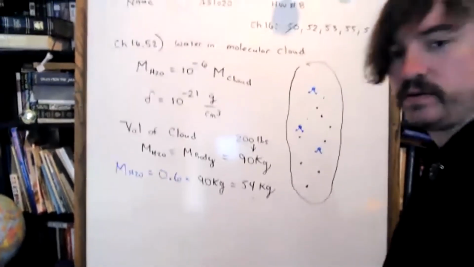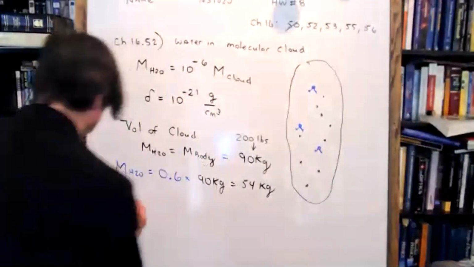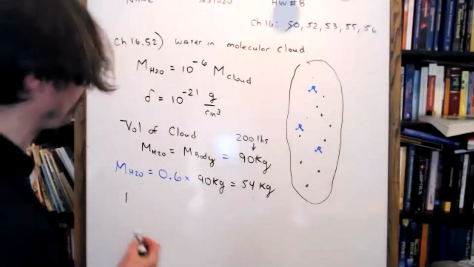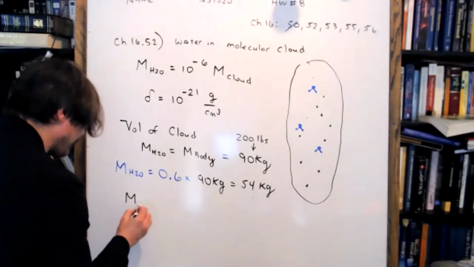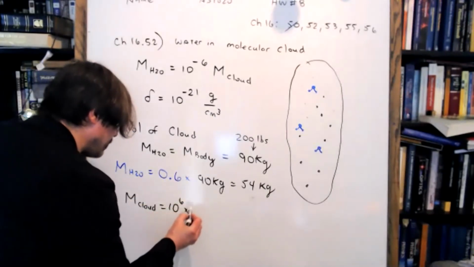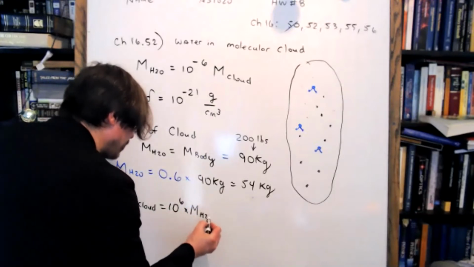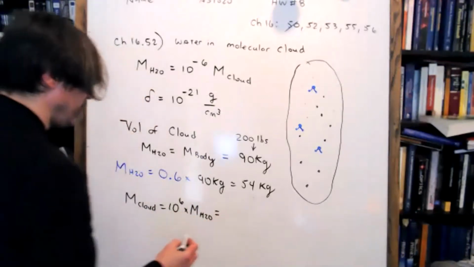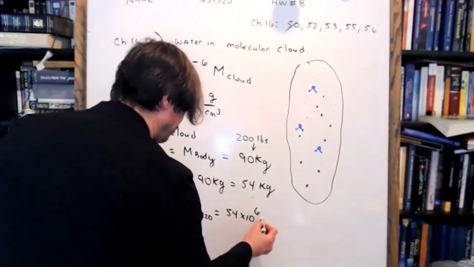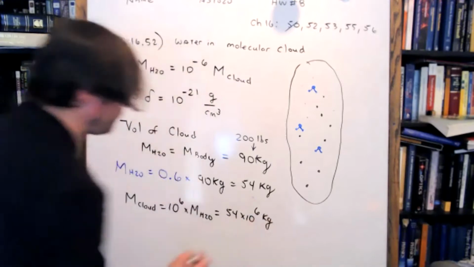Yes, so you divide by 10 to the -6, which is the same as multiplying by 10 to the power of 6. So the mass of the cloud is 10 to the 6 times the mass of the H2O. That gives me 54 times 10 to the 6 kilograms.